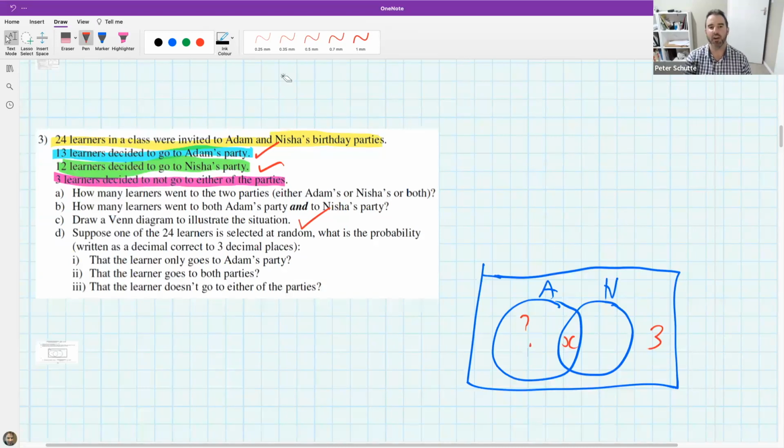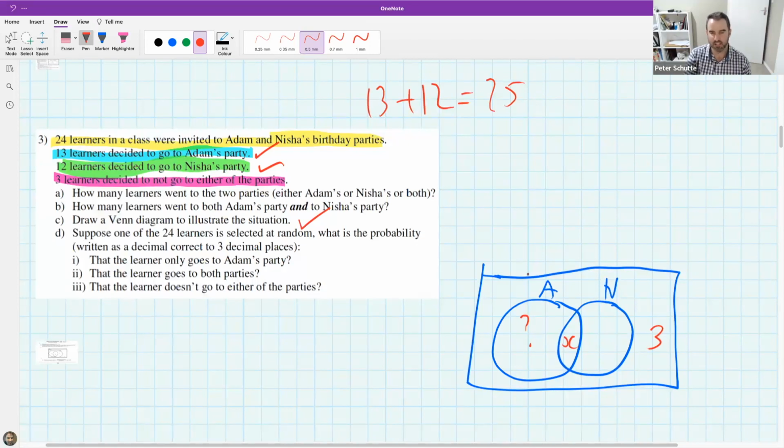The reason I know they intersect is 13 learners decided to go to Adam's party and 12 went to Nisha's. 13 plus 12 is 25, which is more than the number of people in the class.